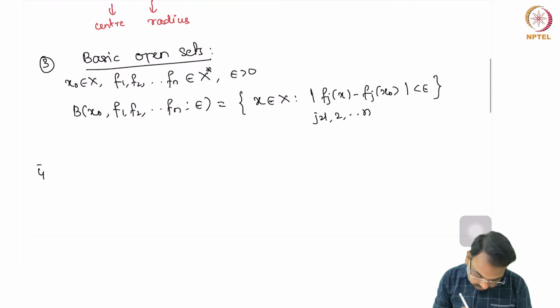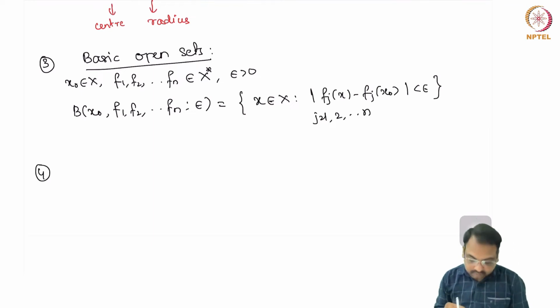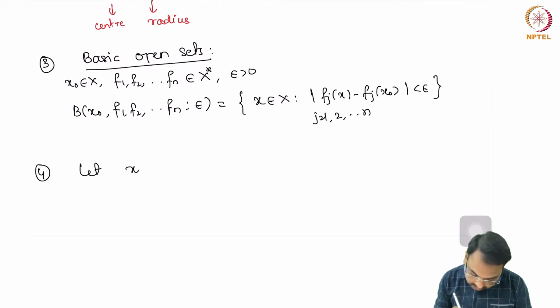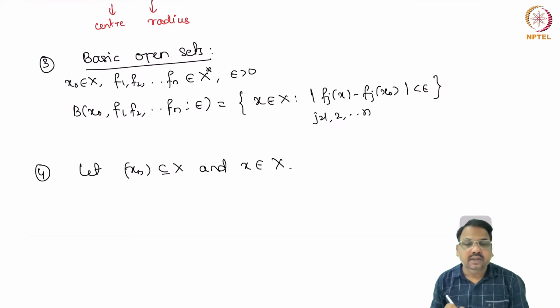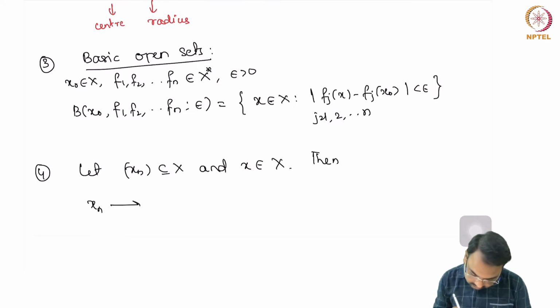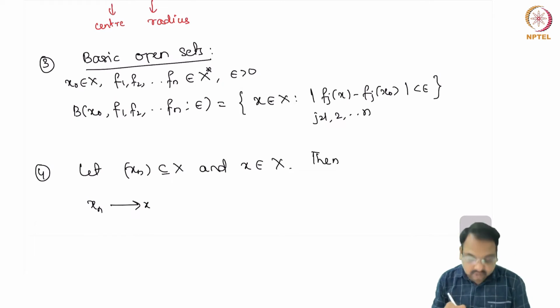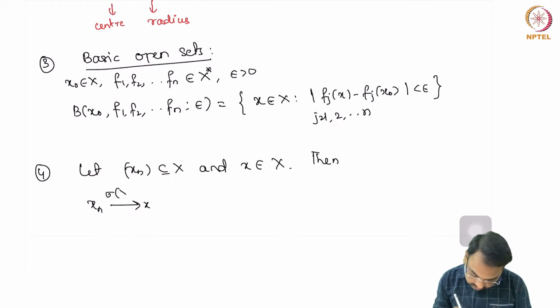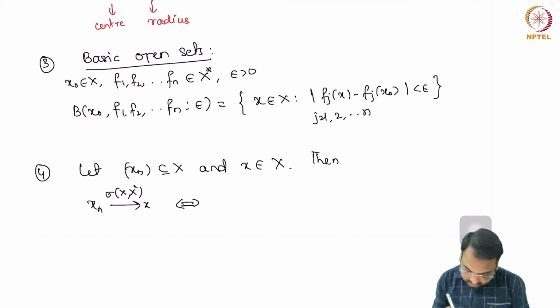Okay, now if you have a sequence xn, so let us take xn to be a sequence in X and x is in X. Then we can say that the sequence xn converges to x in the weak topology sigma(X, X star) if and only if f of xn converges to f of x for every f in X star.